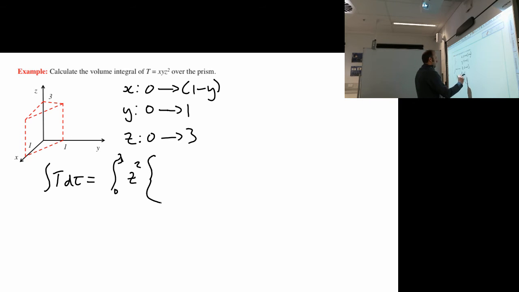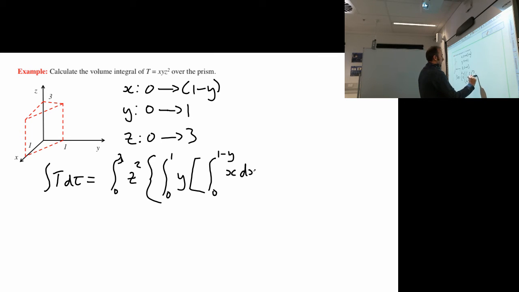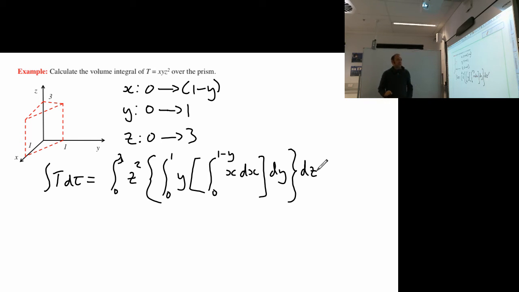For y, the integral goes from 0 to 1, and for x, it goes from 0 to 1 minus y. dx, dy, dz. What we can do is just work out these integrals in turn.